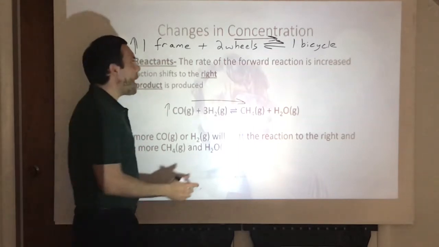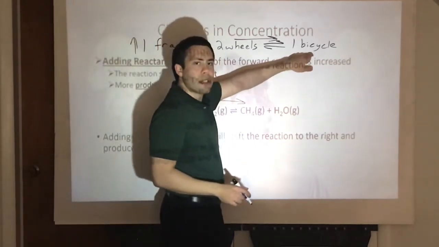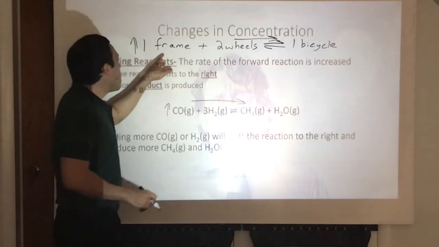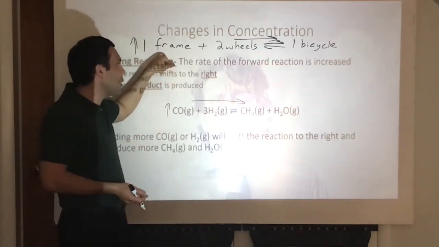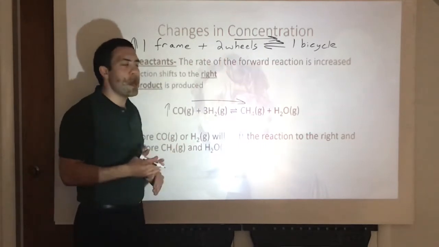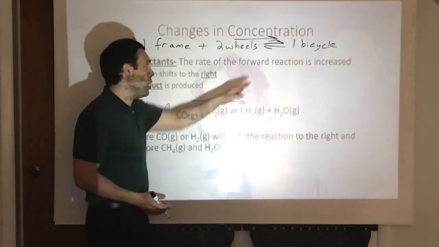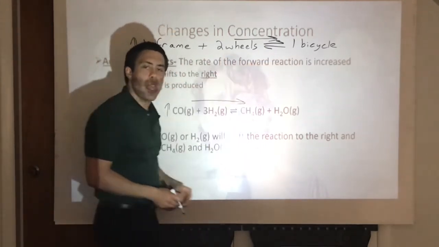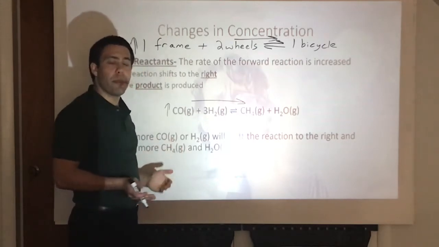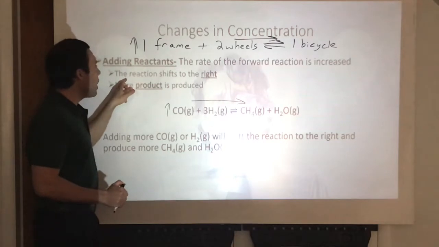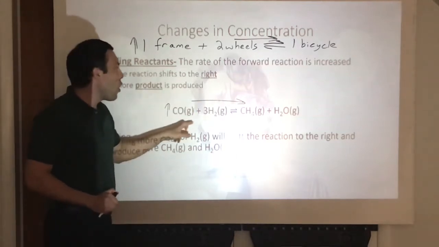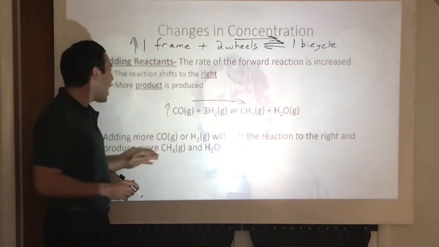As we do that, the number of bicycles increases, the number of frames decreases because we're using them up to make the bicycles, and as a result, the number of wheels decreases as well to make the bicycles, to get us back to equilibrium. So we have room in our shop. In the chemical reaction, the reaction shifts to the right when you add a reactant.